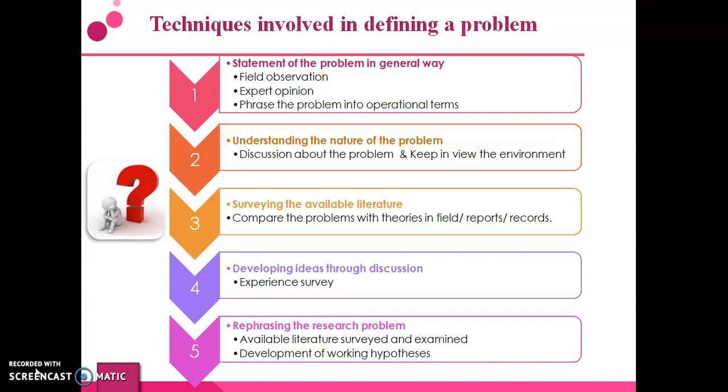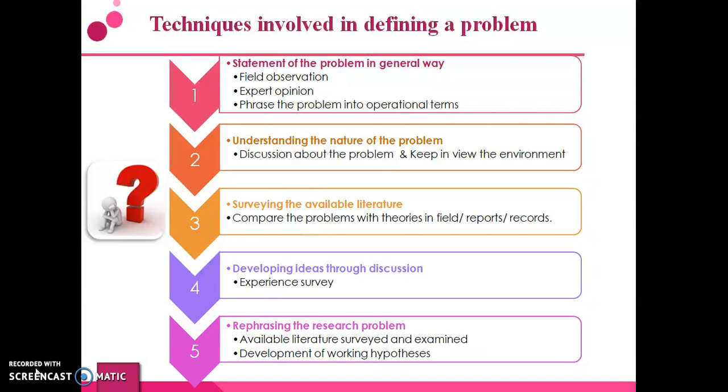Based on this data and information, you develop the idea, which is developed through discussion. For that, you have to do a kind of initial survey, like an experience survey, among people who are experienced with this kind of problem, such as existing researchers or existing executives of different companies.